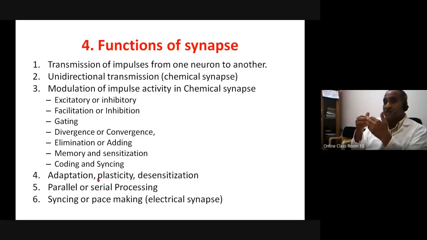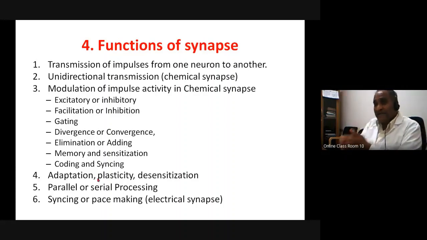For example, if I'm talking about color visibility, the blue, green, or red. When I'm talking of these primary colored rods and cones, they are already processed there in a parallel manner.